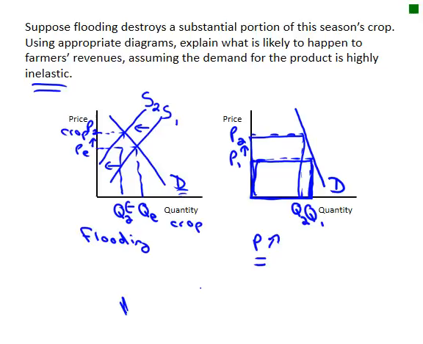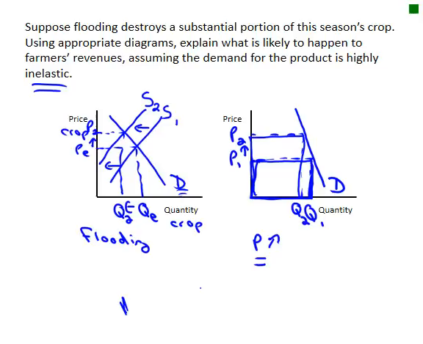We know that price increased, so let's call this P1, Q1, call this P2, and this is Q2. So the total revenue for the farmer before anything happened, sorry, let me try and get the tangerine color.